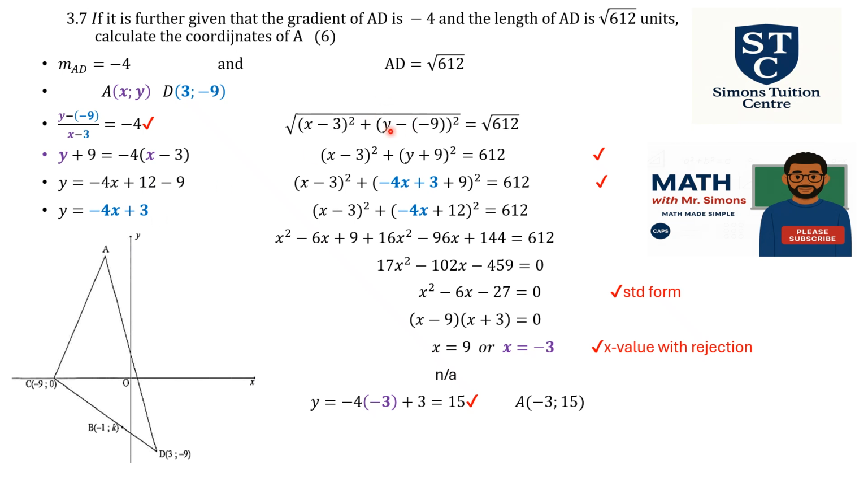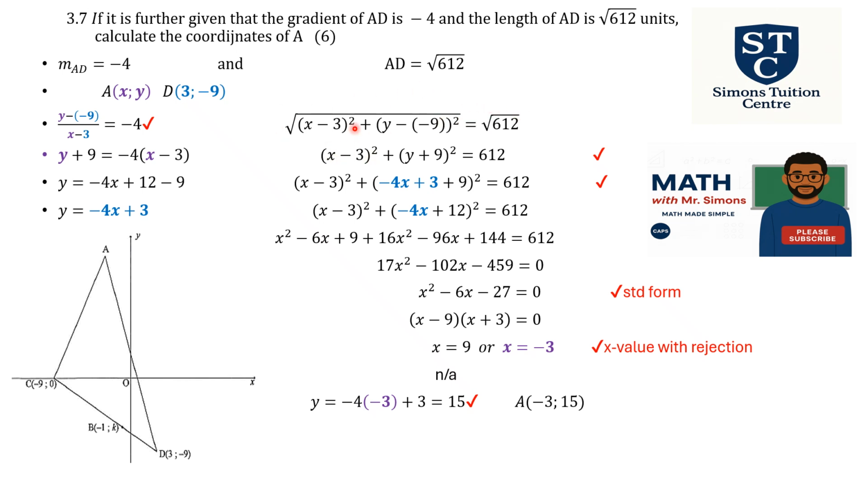Go to the distance formula given, for AD. That there would be the square root of (x2 minus x1) squared plus (y2 minus y1) squared. So that would read the square root of (x minus 3) all squared plus (y plus 9) all squared. Right, so to get rid of the square root, I square both sides.